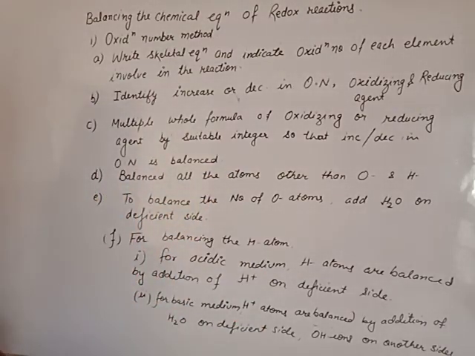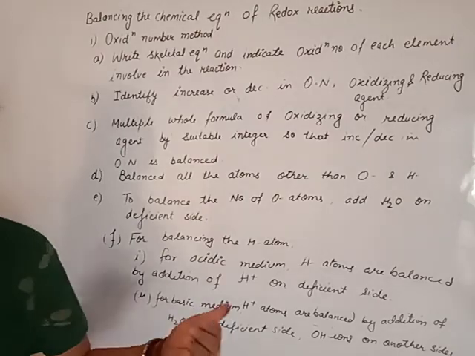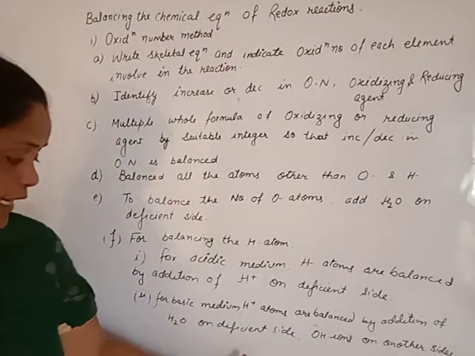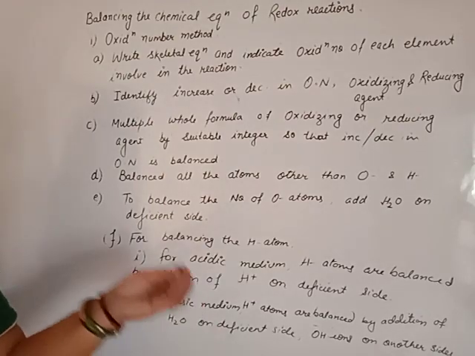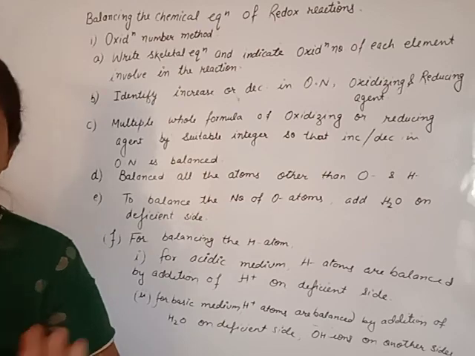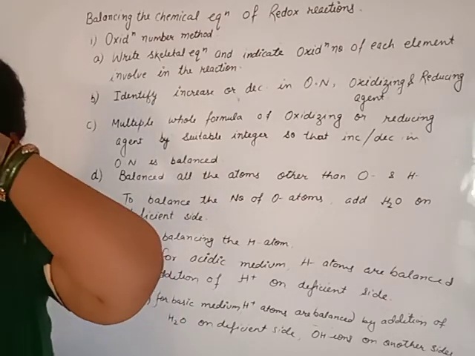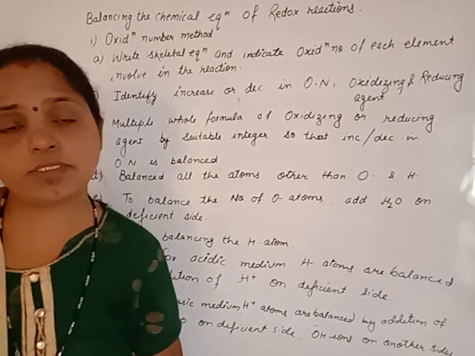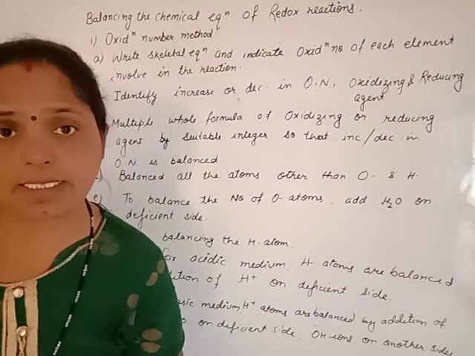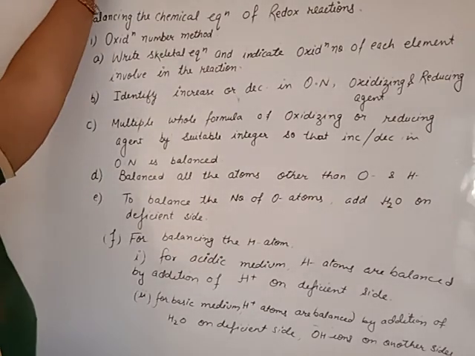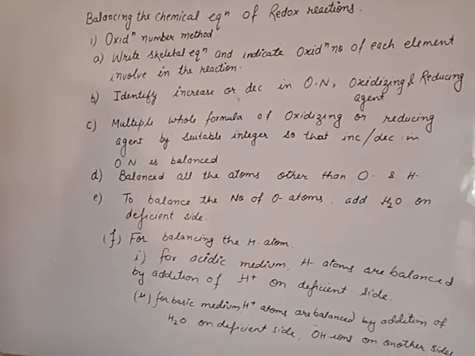But for basic medium, where the hydrogen atom is deficient, you must add H2O on deficient side. And on another side, you must add same number of OH negative ions. So hydrogen will automatically be balanced. You must learn these rules by understanding all these and practice balancing chemical equations.